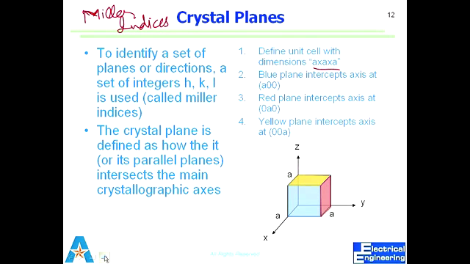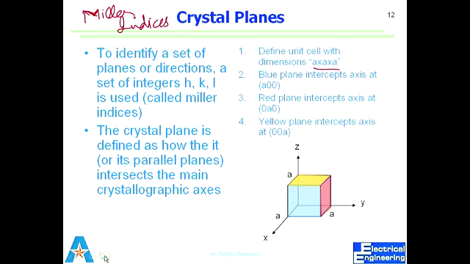Once I define this red to be what is available on the top of my wafer, I know this is 100, and it's always taken as 100 like this. So I'm going to define a vector coming out of the origin going in this direction, basically equivalent to this plane.